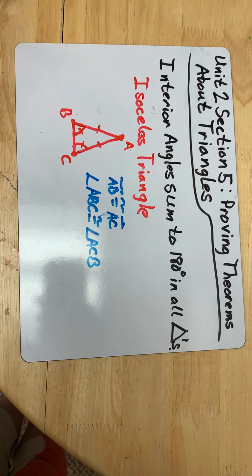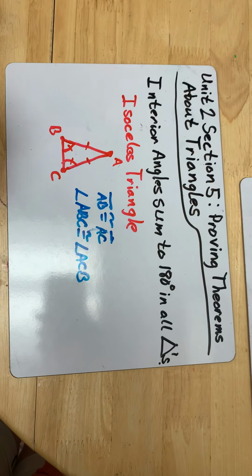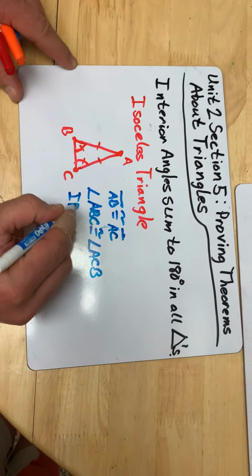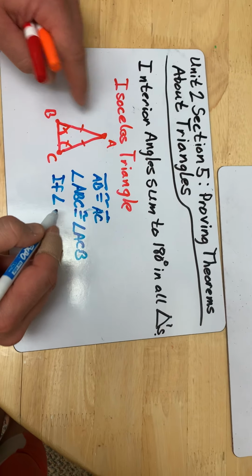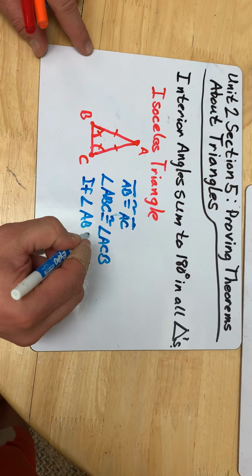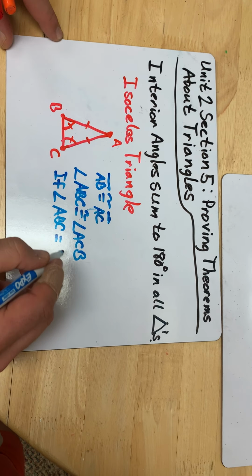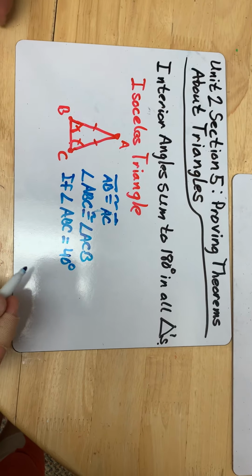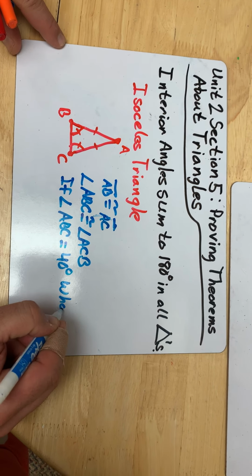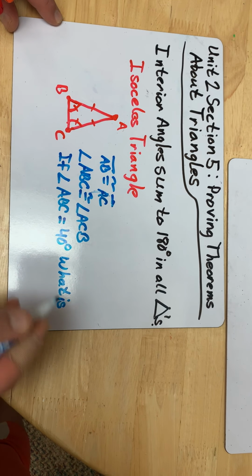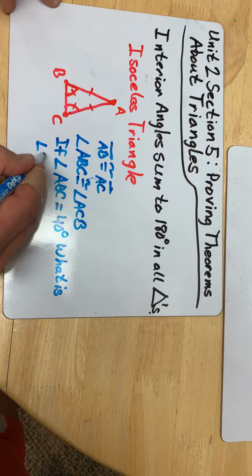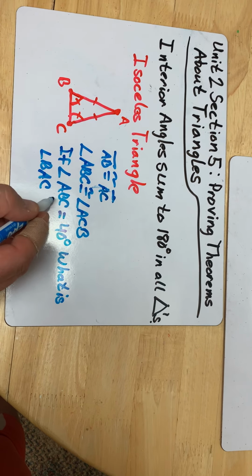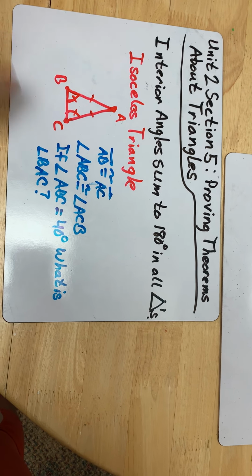So you might get a simple question. You might be given information like, if angle ABC is 40 degrees, what is angle BAC, or in other words, the top vertex point angle? Well, that's pretty straightforward.